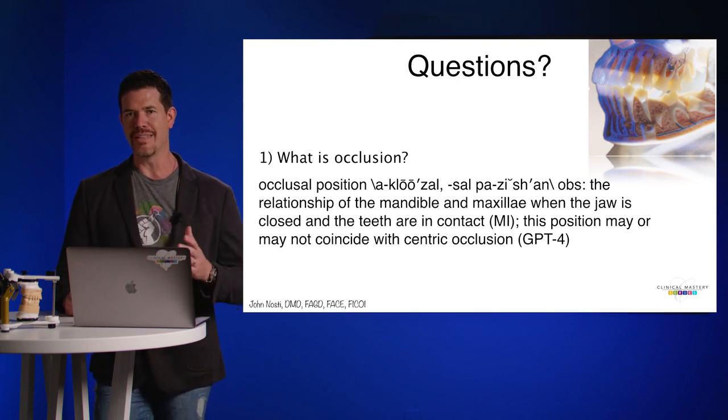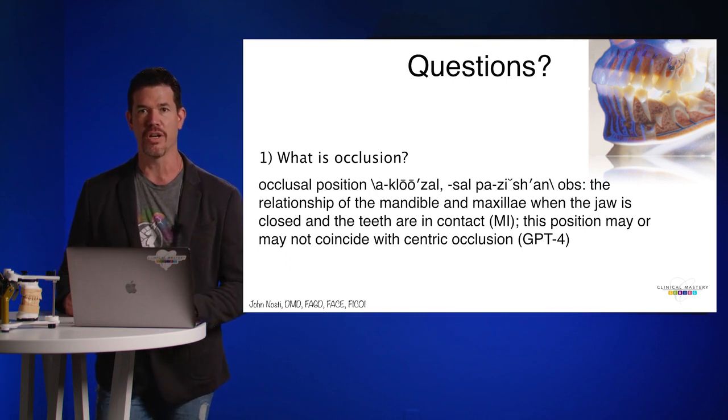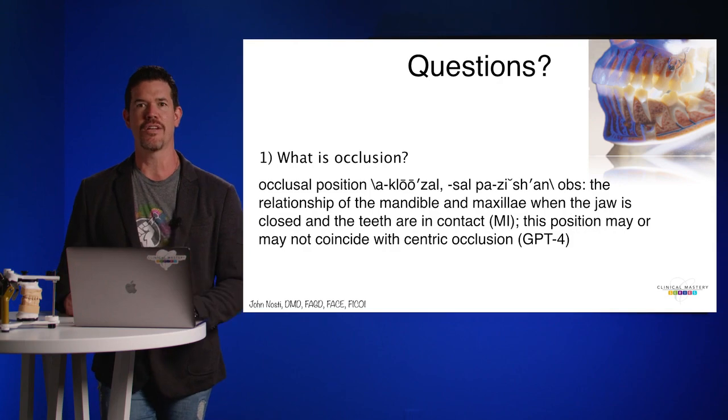And we understand that this position may or may not coincide with centric occlusion. Man, if that isn't confusing right off the bat when we start talking about defining occlusion, I don't know what it is. And if you were anything like me, when I was in dental school and they threw this out there and we said, well, really, they may or may not coincide, centric occlusion.